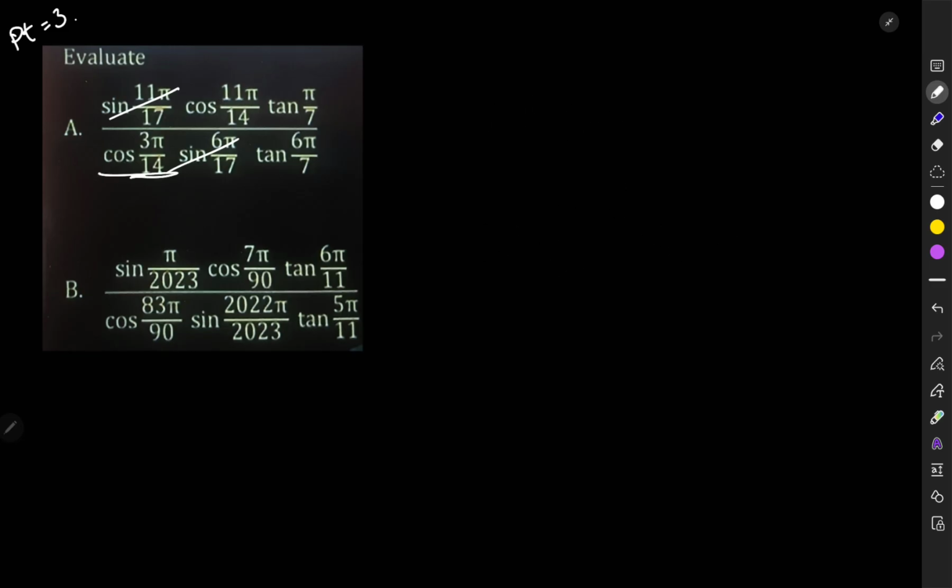And cos 3 pi by 14 and what else? When we add these both, we'll get again pi. These both ratios will get pi. So I can write cos a plus cos b is equal to 0 when a plus b is equal to pi. So I can also write cos a is equal to minus cos b, right?